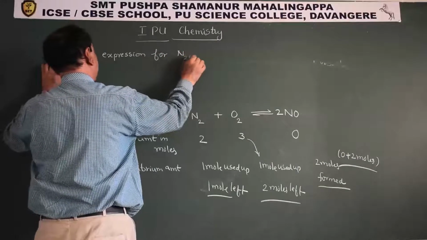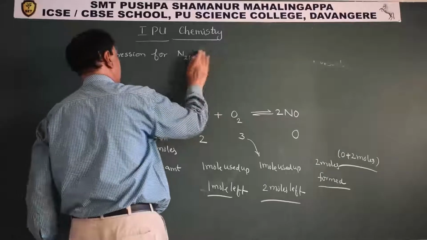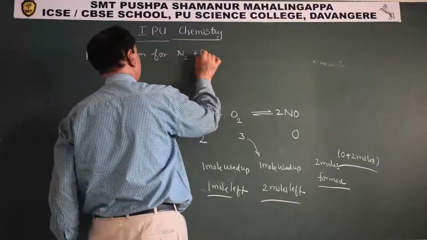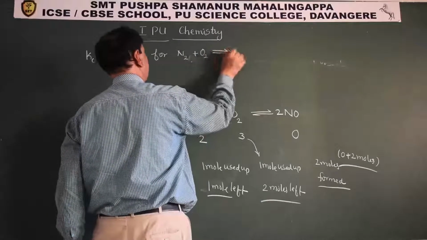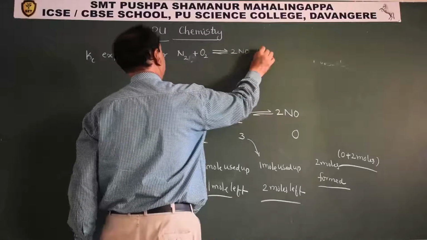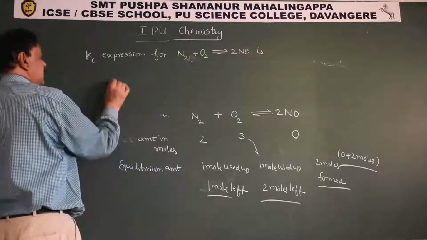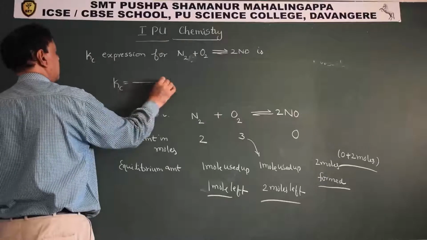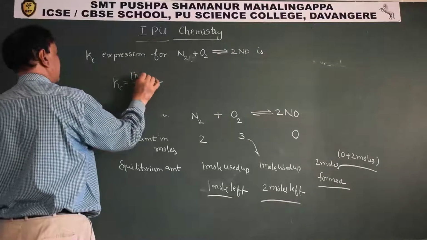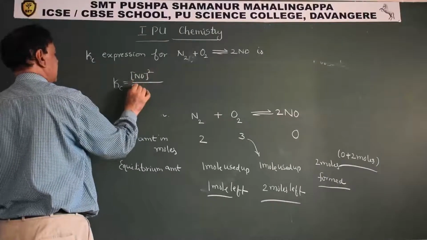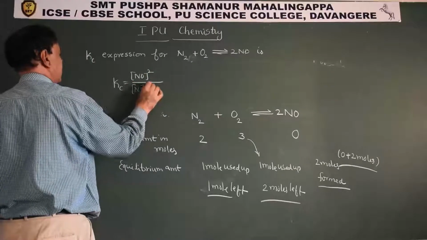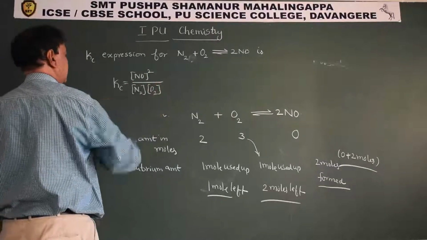Kc expression for N2 plus O2 in equilibrium with 2NO is: Kc is equal to the molar concentration of nitric oxide whole square divided by the molar concentration of nitrogen into the molar concentration of oxygen.